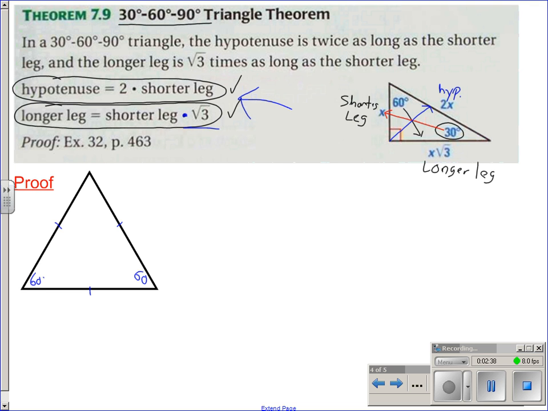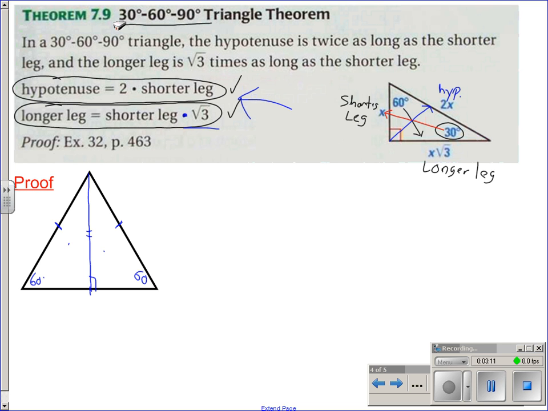Now, I'm not going to draw in that third 60 degrees, because where this comes from is, if you draw an altitude from that vertex down to the opposite side of that angle, that altitude is congruent to itself by the reflexive property. Because we drew an altitude, we've got right angles. The hypotenuses of those two new right triangles are congruent to each other. That altitude is the corresponding leg for each of those right triangles.